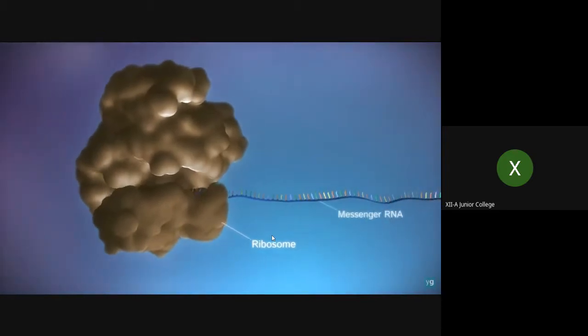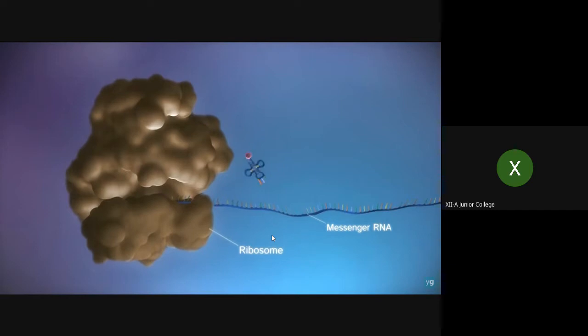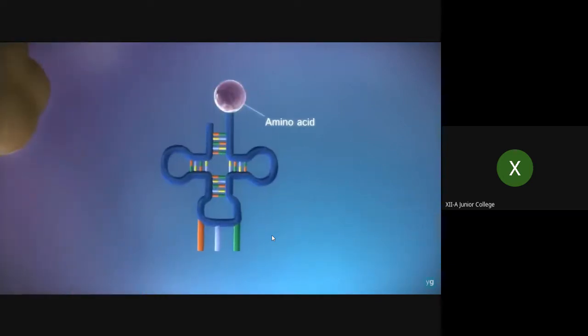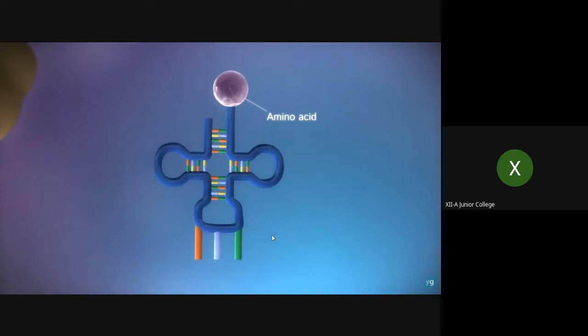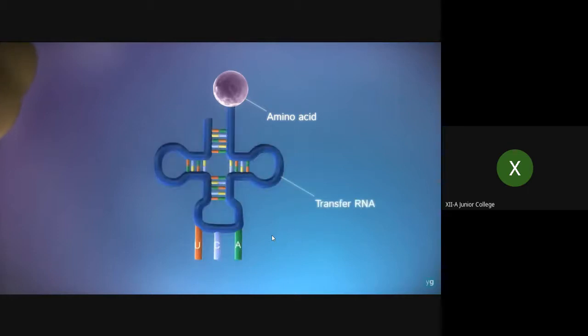Ribosomes, smaller and larger subunit, first attaches. This is today's part, translation. Listen up. Three bases at a time.